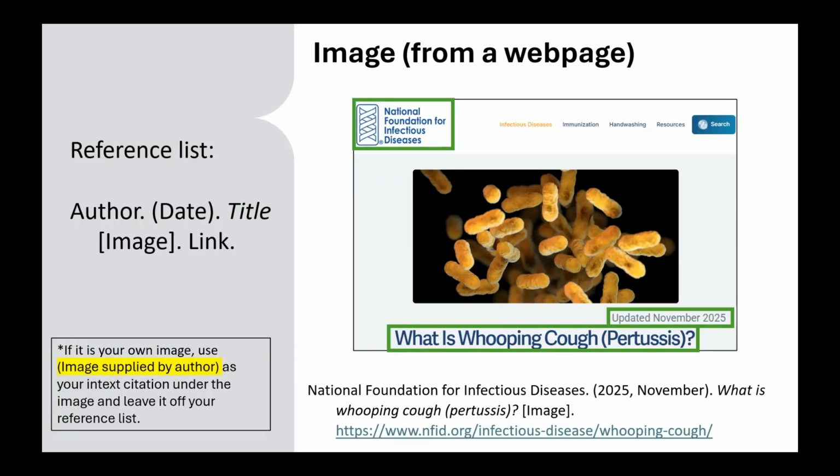We have then finished off with a link to the web page. If it is your own image, you can use image supplied by author in brackets as your in-text citation under the image and leave it off your reference list.